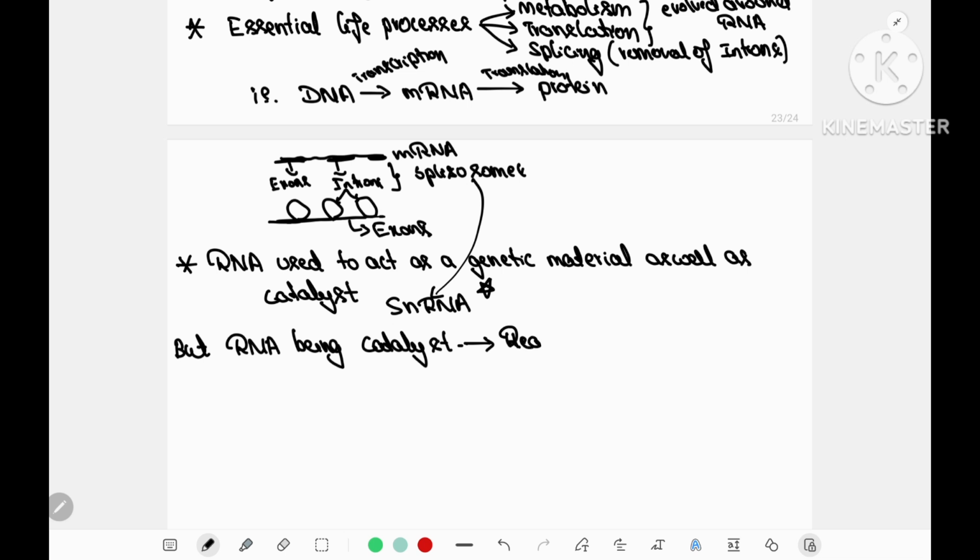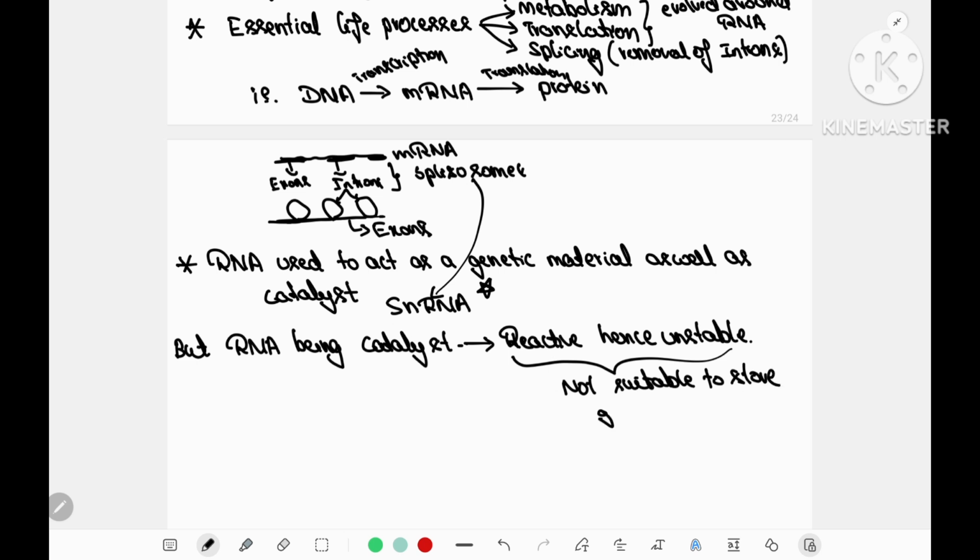A molecule that is unstable will undergo chemical and structural changes so fast. Hence, RNA will not be a suitable genetic material. Even though it is the first genetic material, it cannot act as a suitable material for acting as a genetic material.